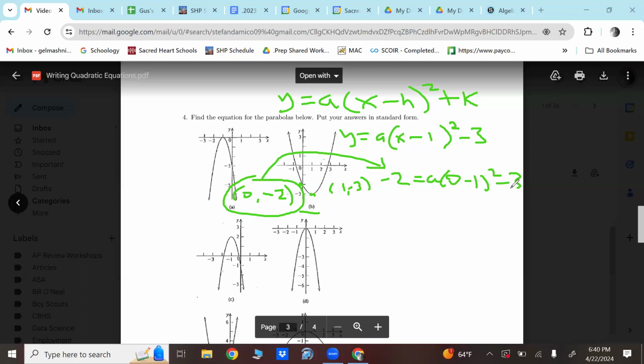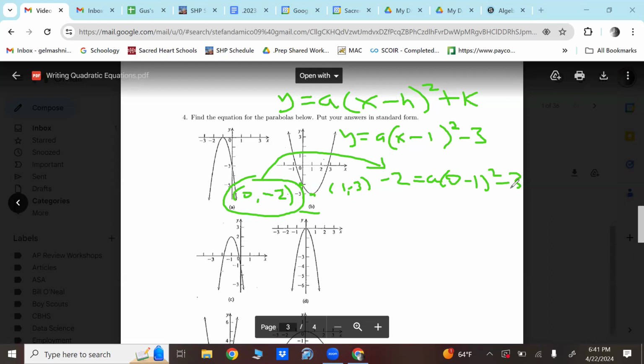-1 squared is -1 minus 3. That's all correct so far. Just follow the order of operations, please. Do the parentheses first and exponents.